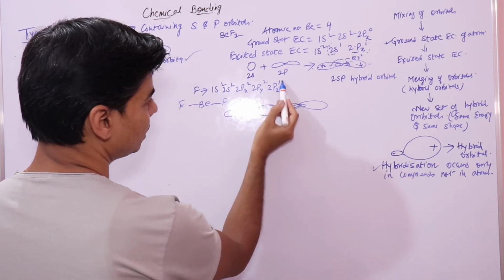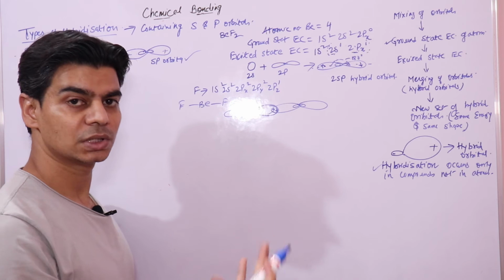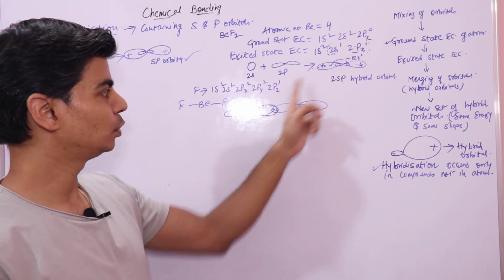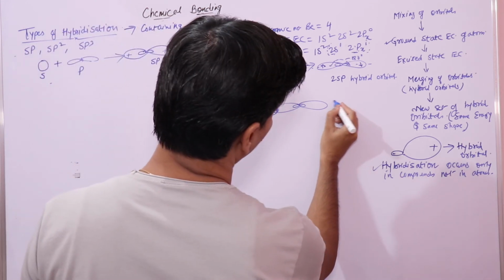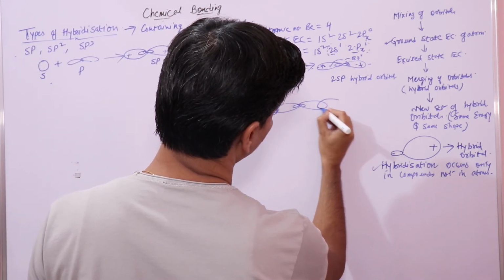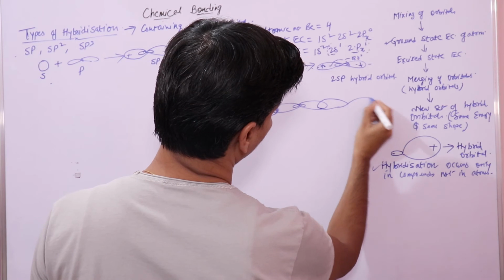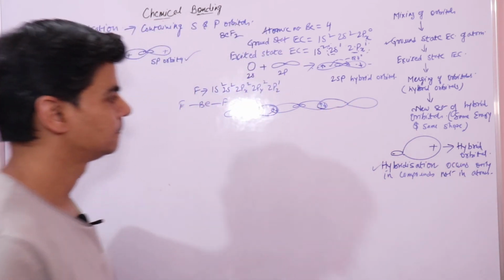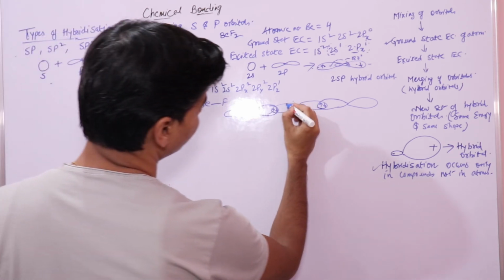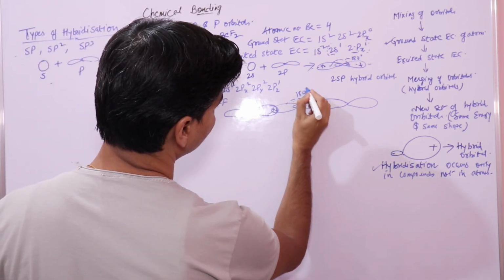Right? This electron should be of opposite spin, right? Both the electrons in the half filled orbital should be of opposite spin, and it would be like this. Like this, and here you have angle of 180 degree, right?